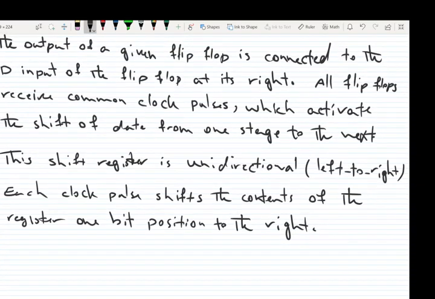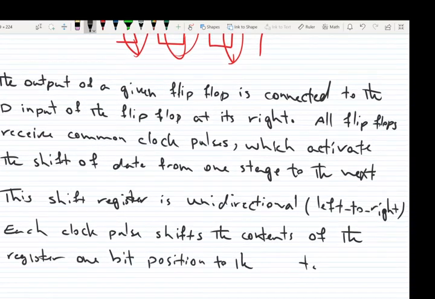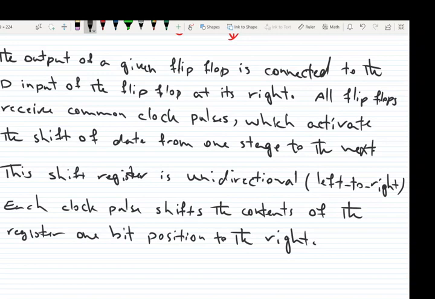Okay, so this one is like a detailed explanation of how a shift register works.